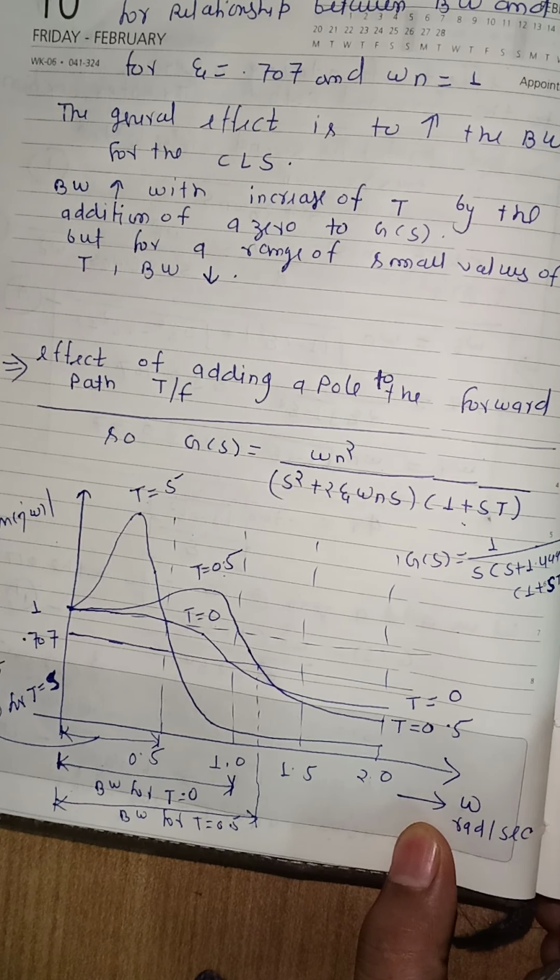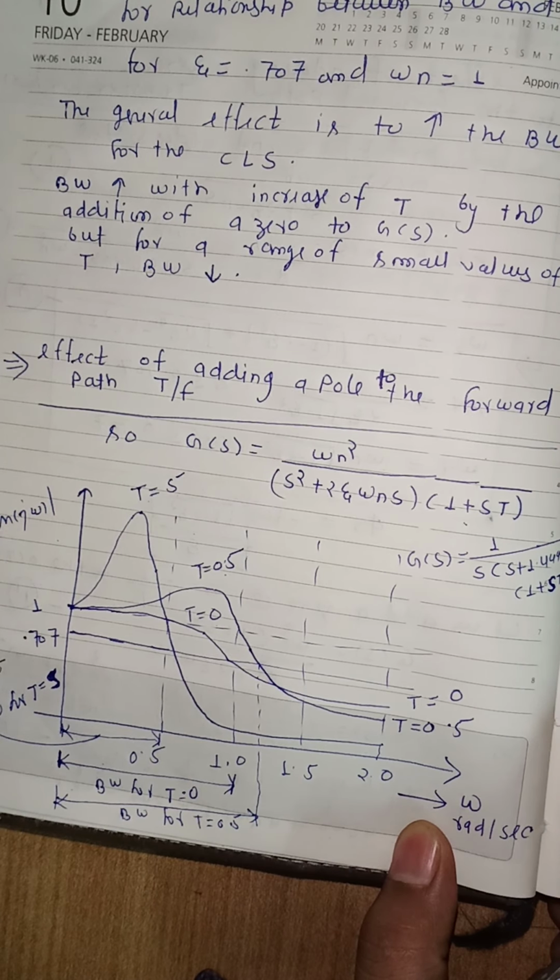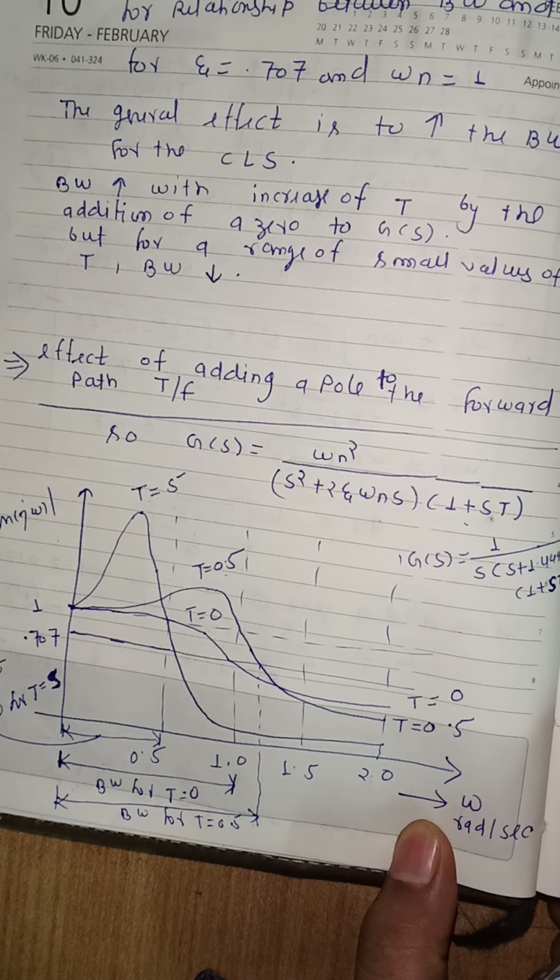So in general, what is the conclusion? The effect of adding a pole to the forward path transfer function is to make the closed loop system less stable while decreasing the bandwidth.